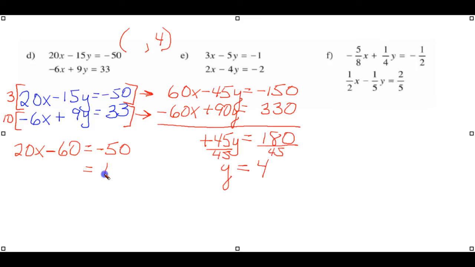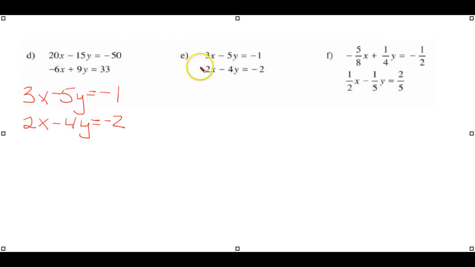That gives me a positive 10. So I have 20x equals a positive 10. Divide both sides by 20. 10 over 20 is 1/2. So our x coordinate is 1/2, and that's what they have down below.